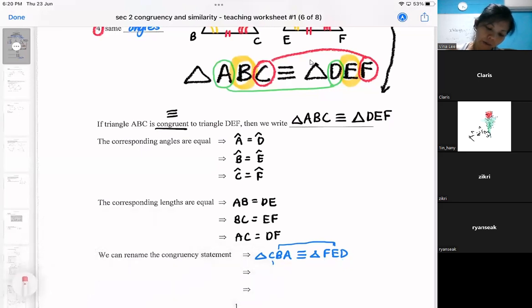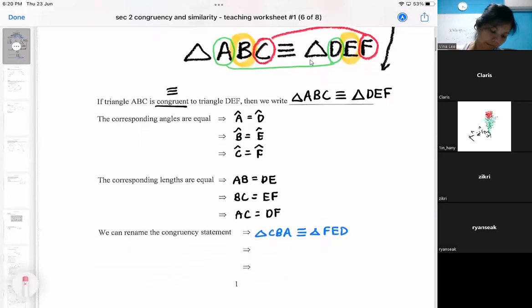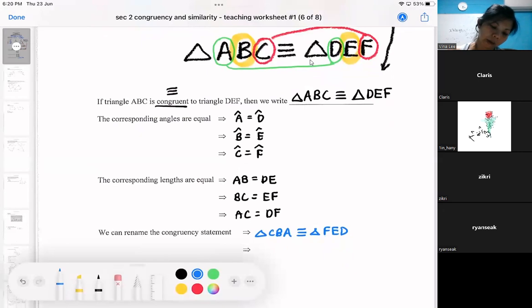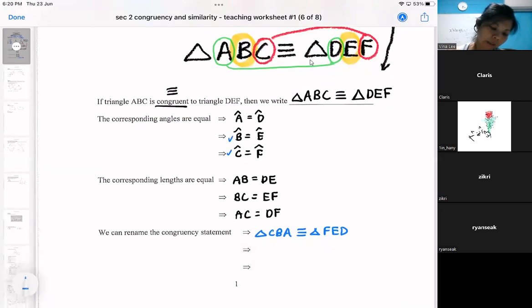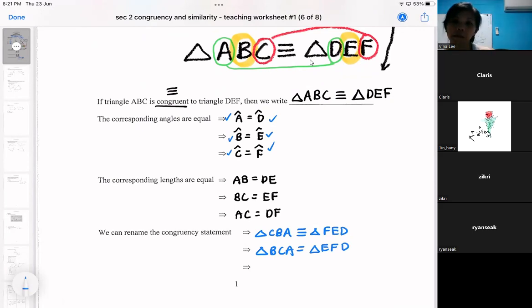Is there any other way you can rename? Maybe I start off with BCA, then it will be EFD. No matter what, I can still match.